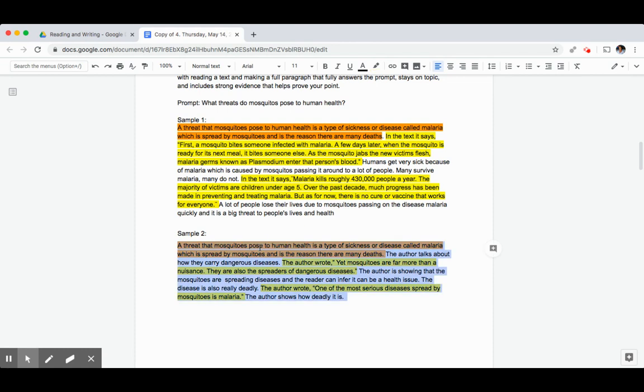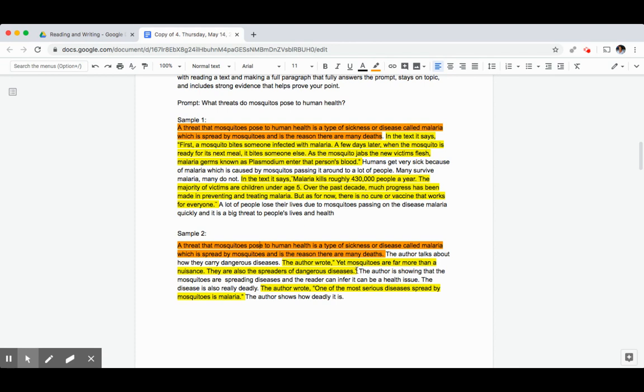So they have the same assertion. Their first evidence says that mosquitoes are far more than a nuisance. They are also spreaders of dangerous diseases. Well, yes, but your assertion was specifically about malaria. This evidence does not even connect directly to malaria.